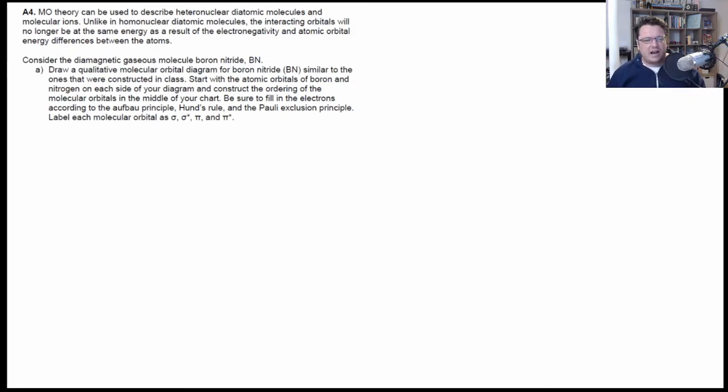The more electronegative an atom is, the lower in energy the corresponding orbitals are going to be, and that has to do with the fact that lower in energy means more stable. And so putting more electrons onto those atoms is more energetically favorable. When you're drawing a heteronuclear diatomic diagram, the first thing you always want to do is figure out where everybody is in relation to one another.